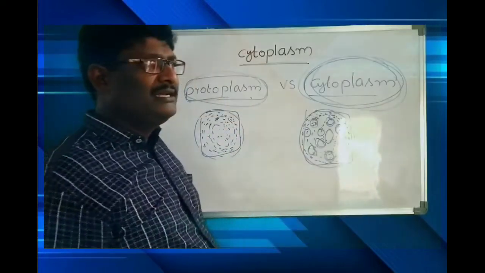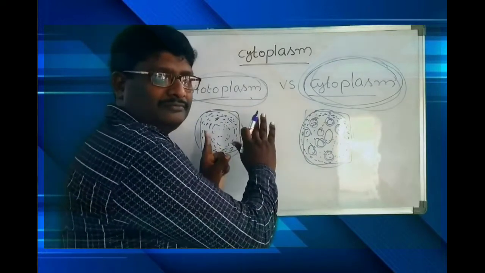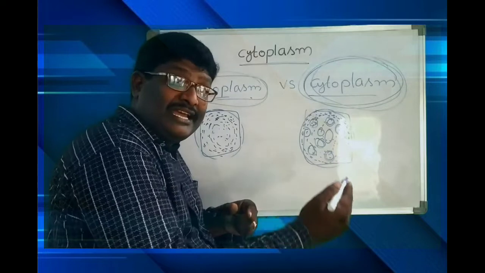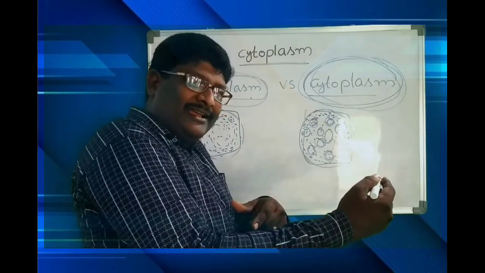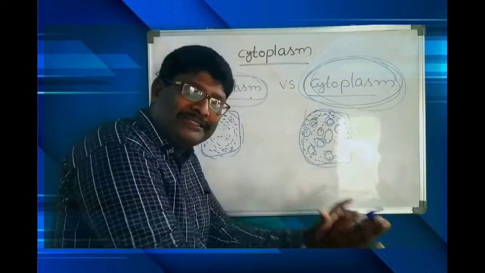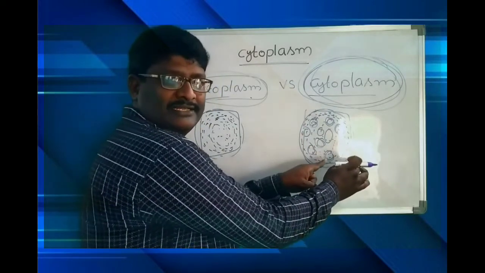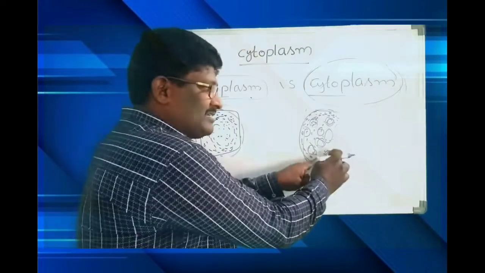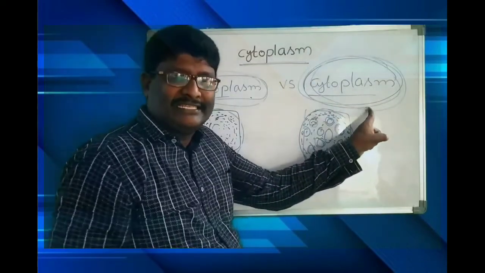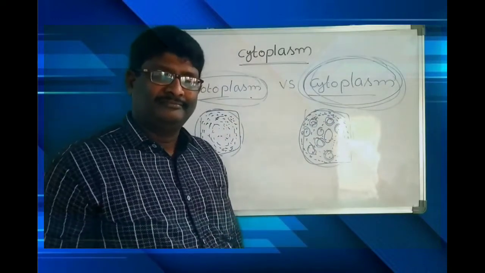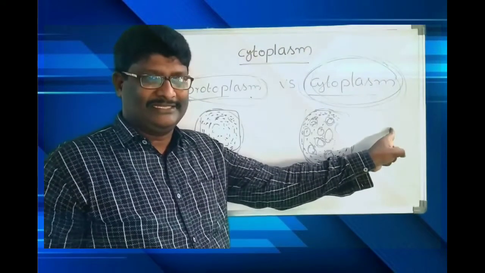Why? Because protoplasm is not the material necessary for living; it is only a material containing the cell organelles that do the works necessary for living. All the works are done by the cell organelles present in the protoplasm. So that's the reason the protoplasm name changed to cytoplasm.